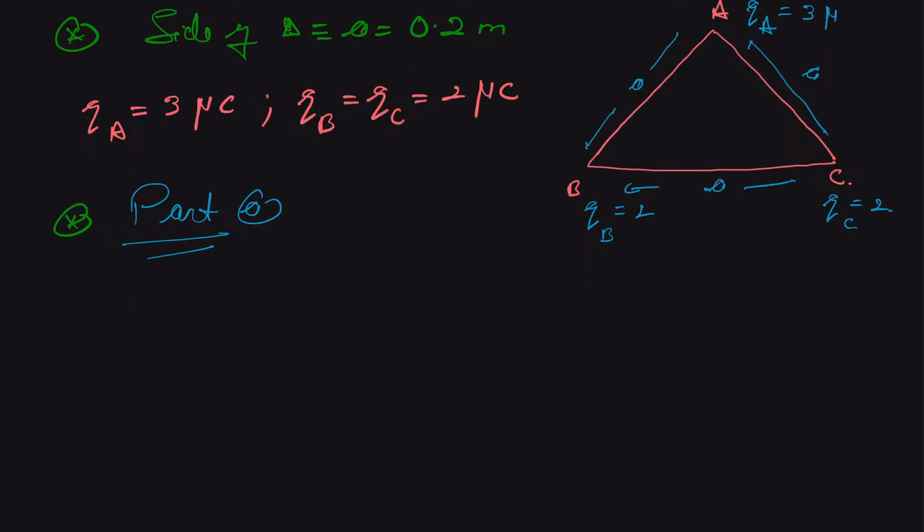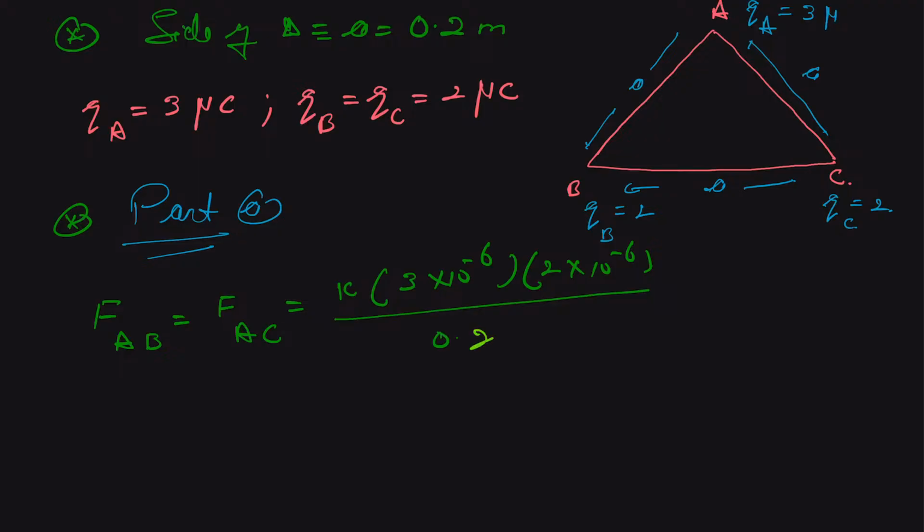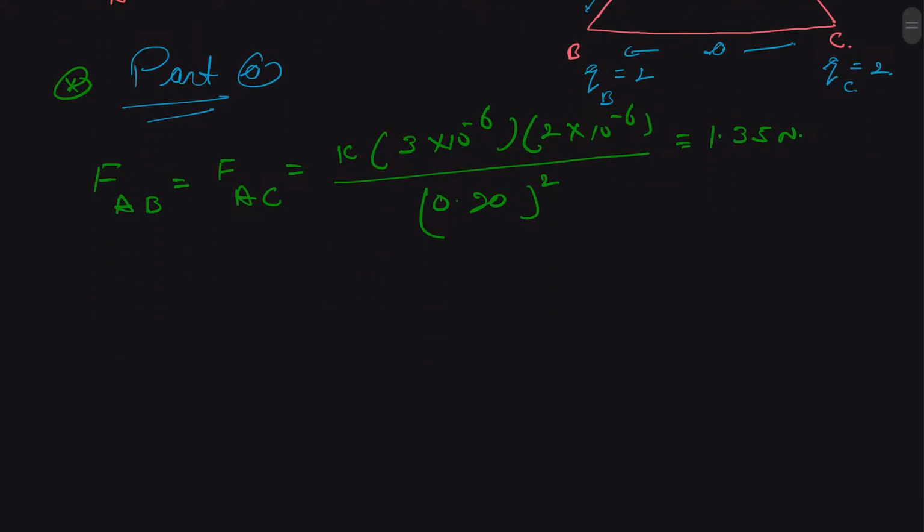Therefore we can say that the force on charge A because of B will be equal to force on charge A because of C. That will be same, and therefore we can write K, and we have 3 microcoulomb and 2 microcoulombs divided by the distance square, and this will be equal to 1.35 newtons.